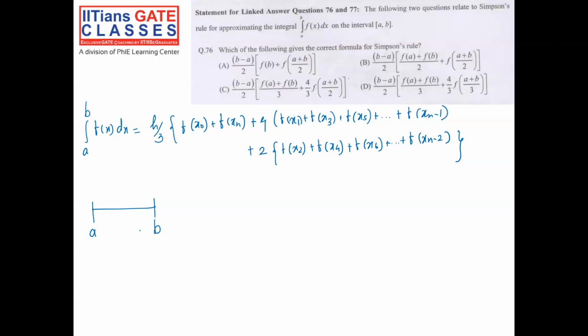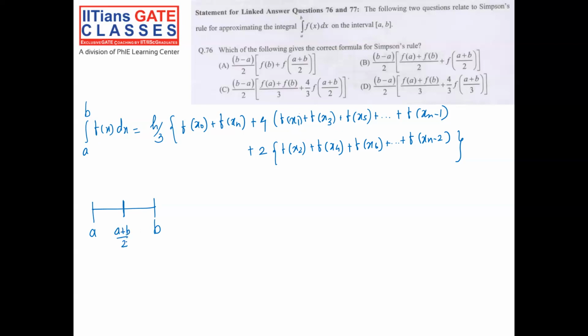As we can clearly see, there are multiple terms, specifically 3 terms in this. It means this interval is divided into 2 groups, so the center point here would be a plus b by 2.